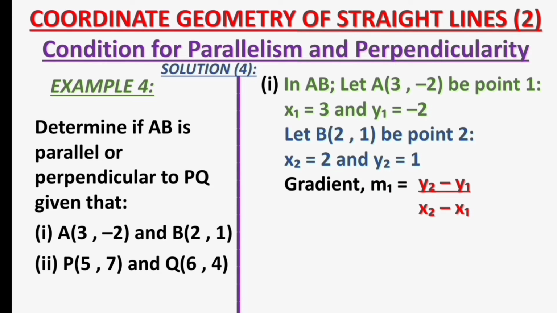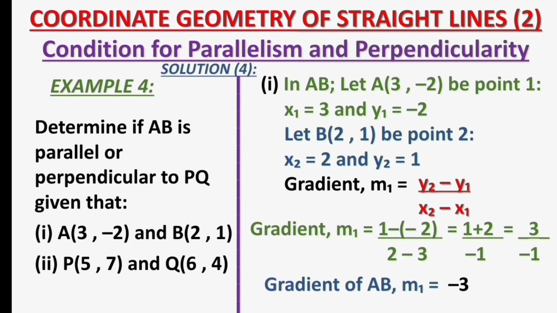The gradient of the first straight line m1 is equal to y2 minus y1 over x2 minus x1. I hope you got that right. Next, let's substitute our values for x1, y1 and x2, y2 into our gradient formula to find the gradient of the line AB. Substituting values and calculating, the gradient of AB, which is m1, is equal to minus 3.